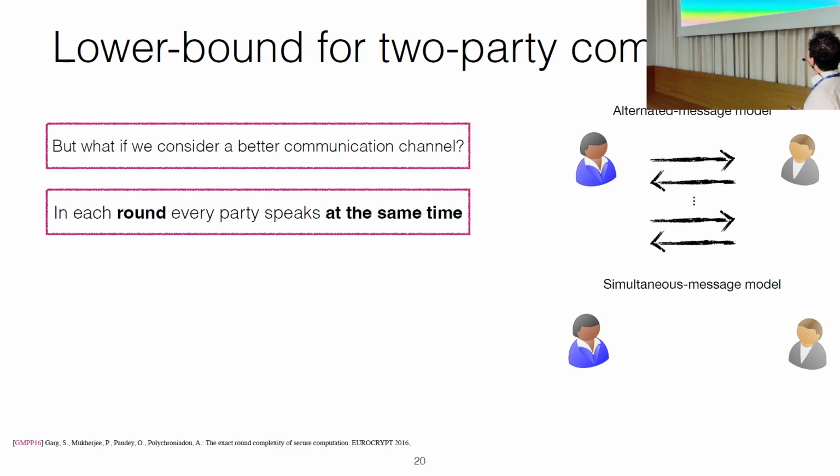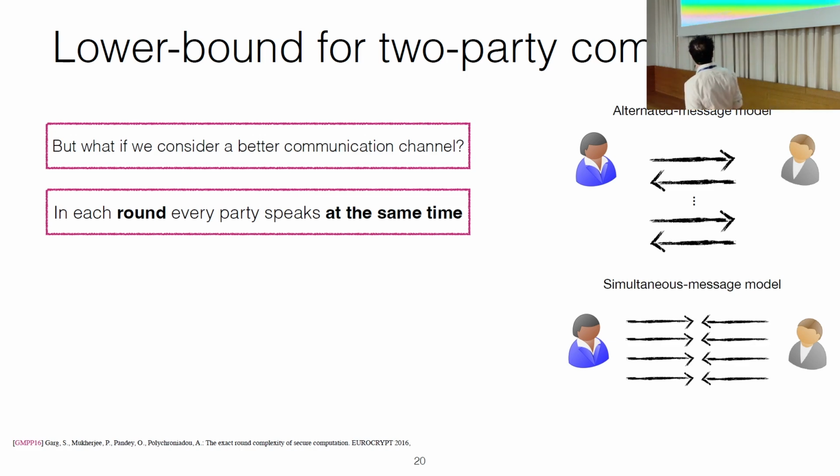And now a natural question would be, let's consider maybe a better communication model. It's boring that I need to wait to receive the message before speaking. So maybe let's allow parties to speak simultaneously in each round, okay? The first round, I don't wait, let's all talk.